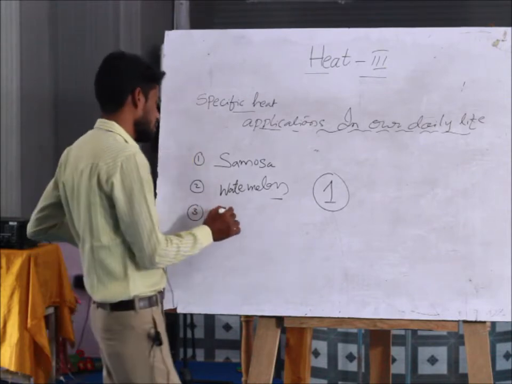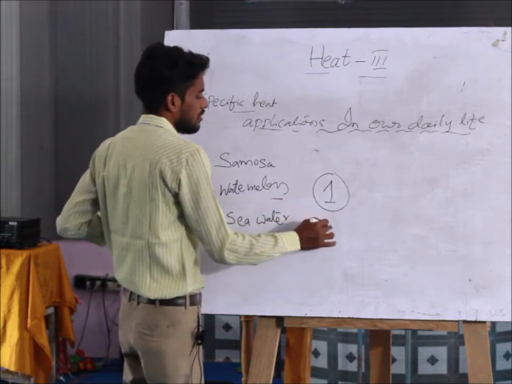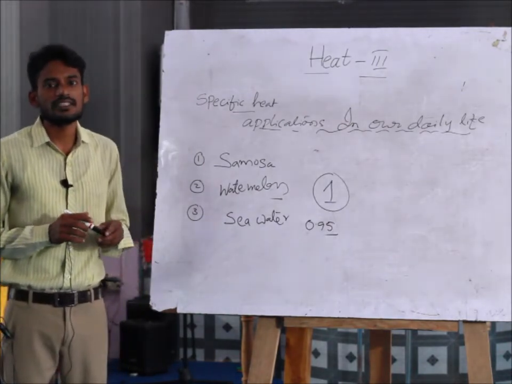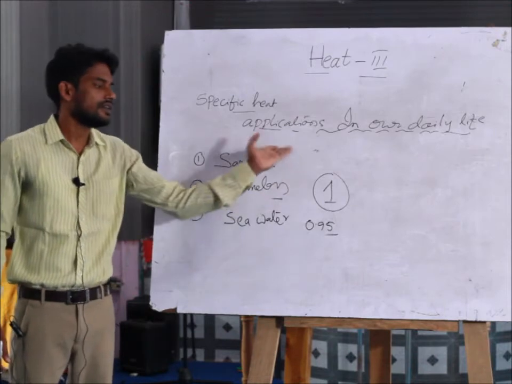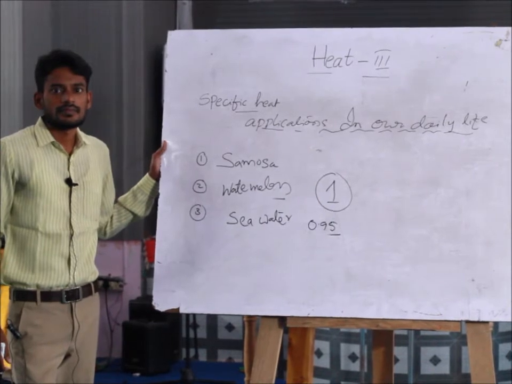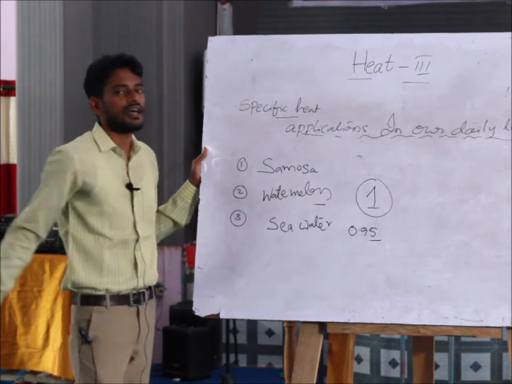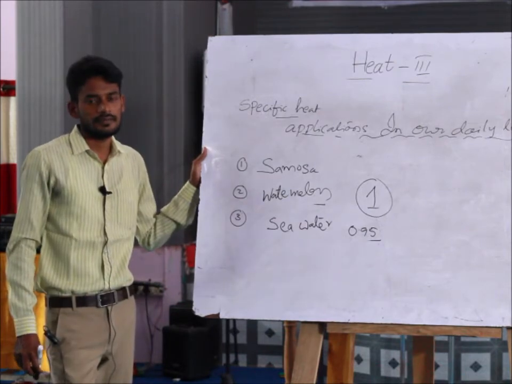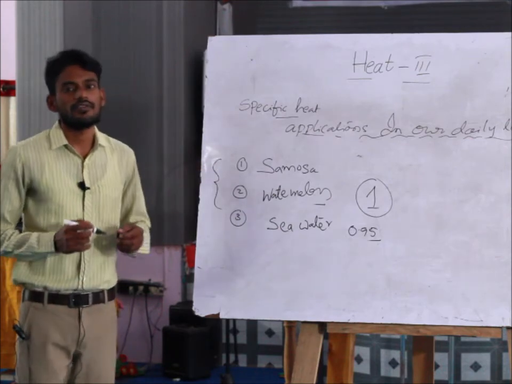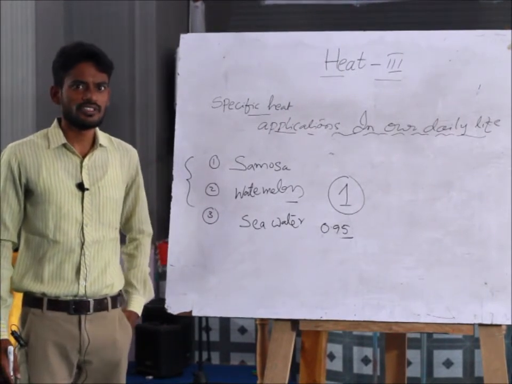Moreover, seawater has 0.95 calorie per gram degree centigrade, specifically nearly 1, because seawater also has higher specific heat. These are the daily applications we discussed so far. You may observe more things.